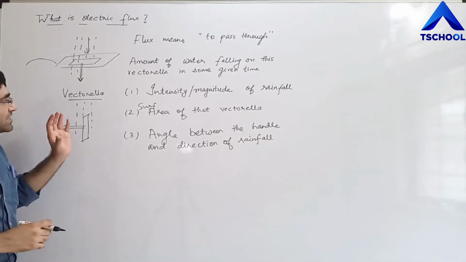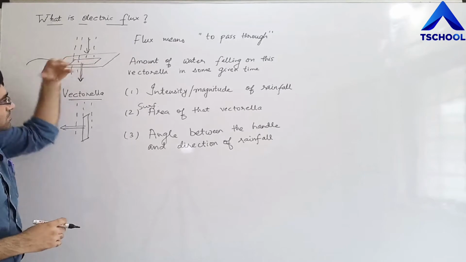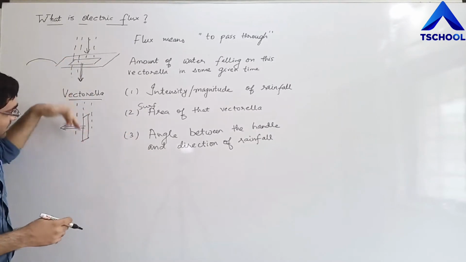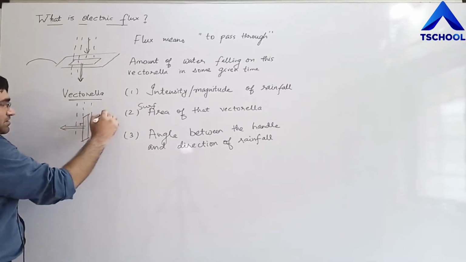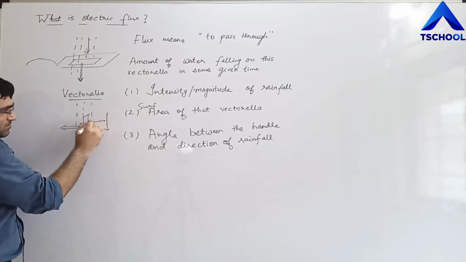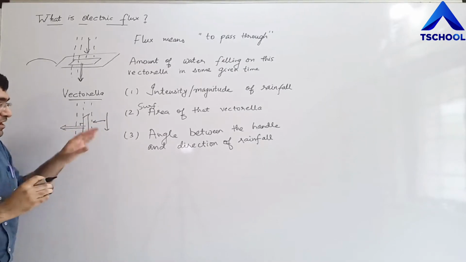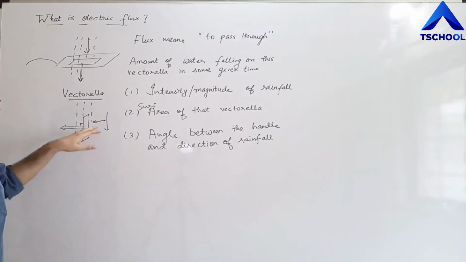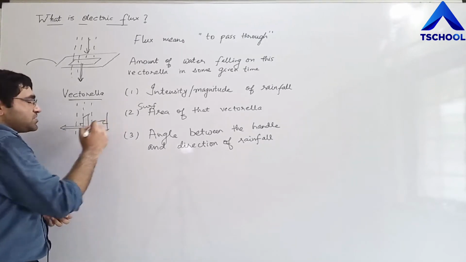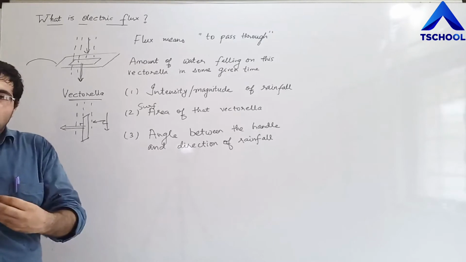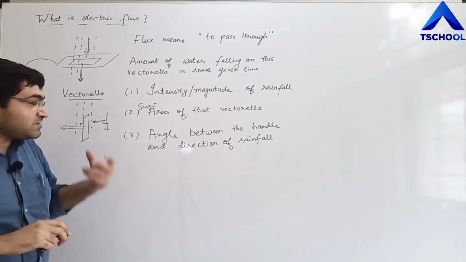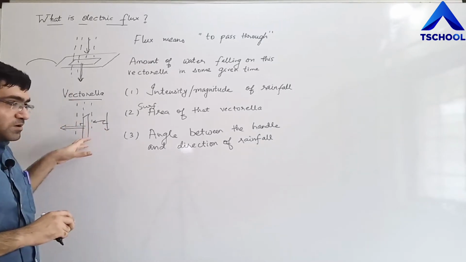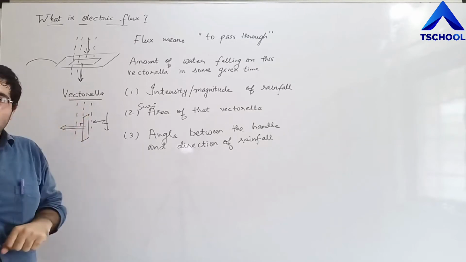So when the angle between the rainfall and the handle is 0, you get the maximum, and when this angle is 90, you receive nearly 0 water onto this surface.